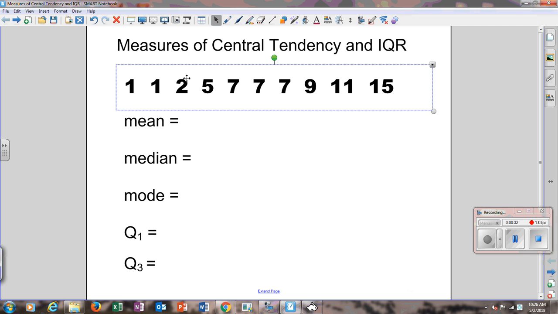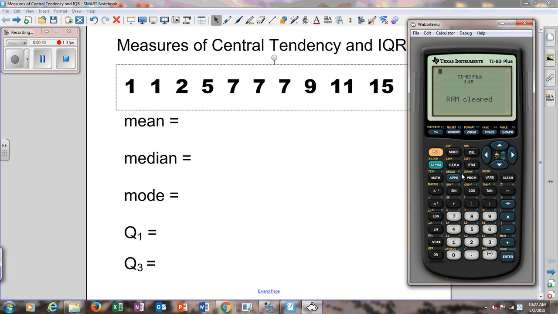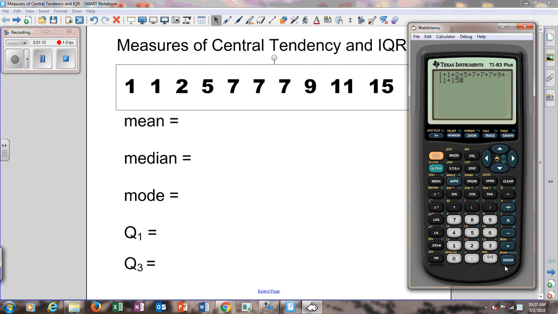So in this case, we would do 1 plus 1 plus 2 plus 5 plus 7 plus 7 plus 7 plus 9 plus 11 plus 15. That would give us an answer of 65.